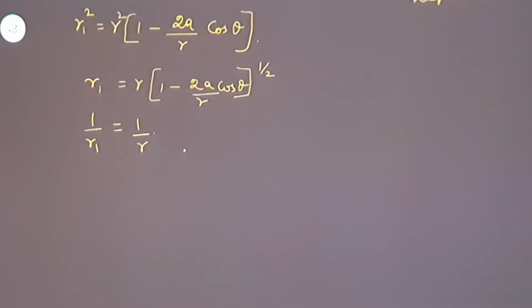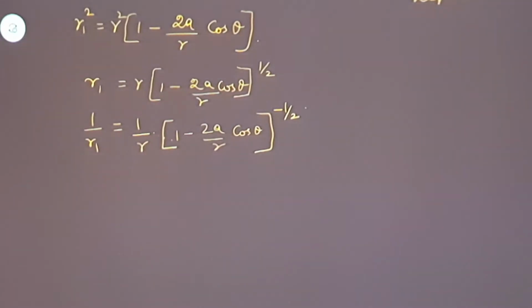If I am taking this to the denominator, I can write 1 divided by this quantity. Instead, I can write like this: 1 minus 2A divided by R into cos theta. When it is taken to the numerator, this half will become minus 1 by 2. Now, how can I simplify this?